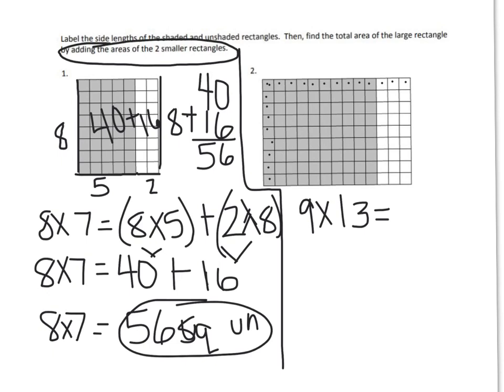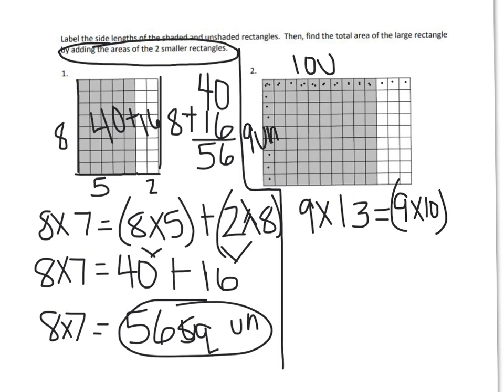There's 9 units that run up and down, so there's my length times my width. 1, 2, 3, 4, 5, 6, 7, 8, 9, 10. So that equals 9 times 10. There's 10 here.